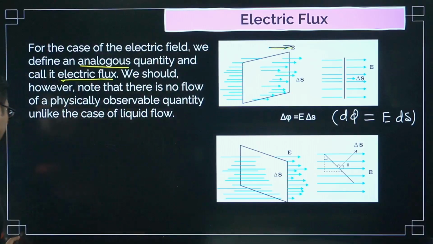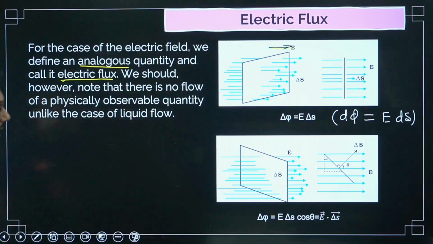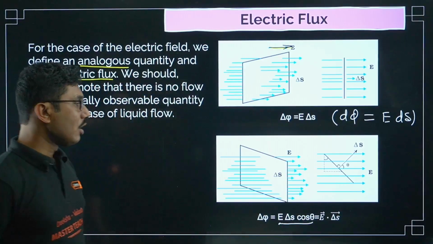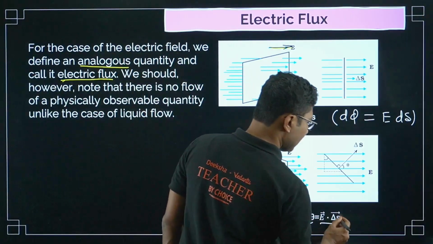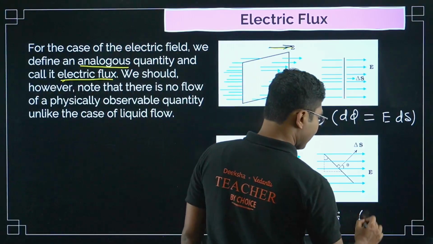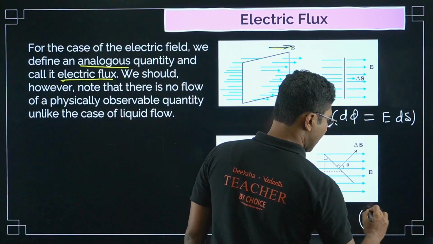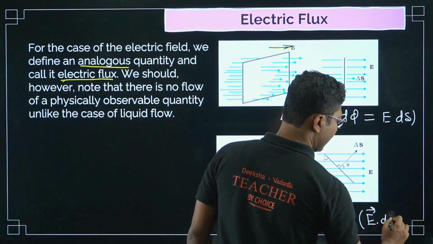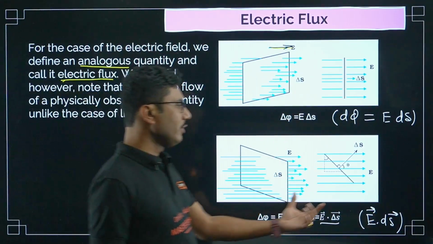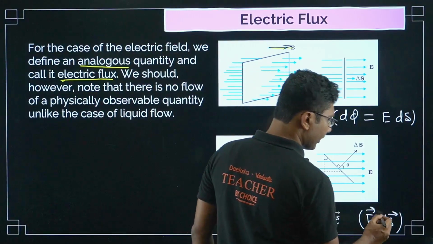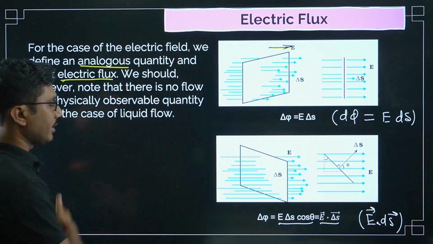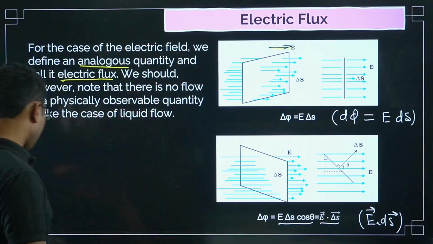So what will be the flux? Electric flux will be given by E delta S cos theta or E dot delta S. E dot delta S in terms of vector, or you can say E dot ds. Now area and electric field both are vectors, but flux is a scalar quantity, so it should be a dot product, right?